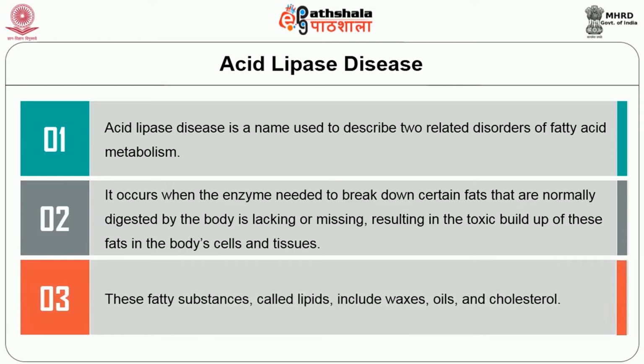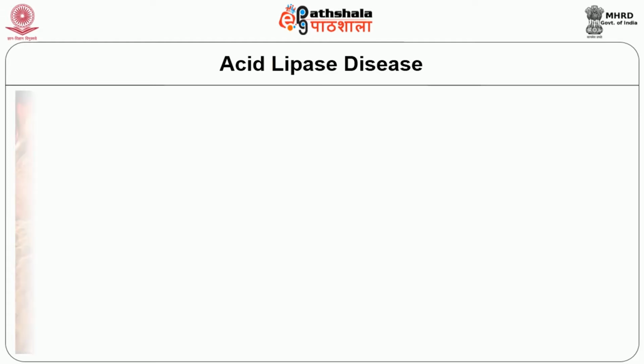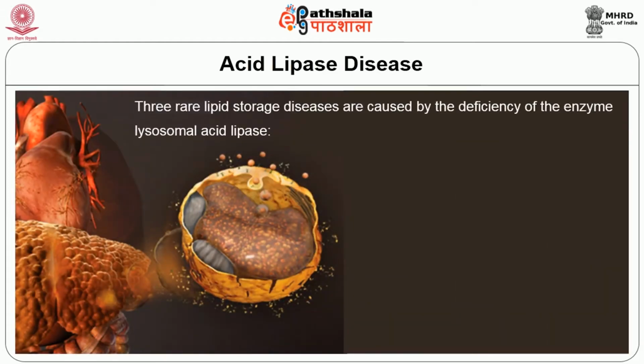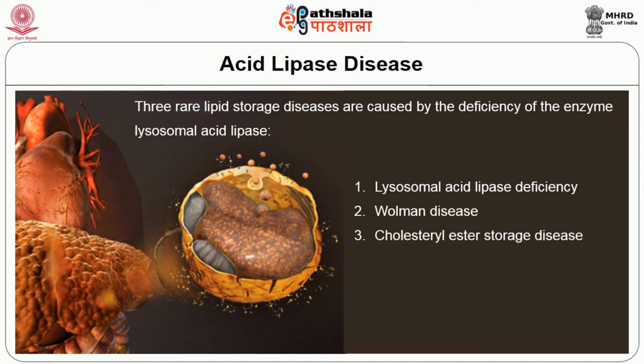These fatty substances, called lipids, include waxes, oils and cholesterol. Three rare lipid storage diseases are caused by the deficiency of the enzyme lysosomal acid lipase: lysosomal acid lipase deficiency, Wolman disease and cholesterol ester storage disease.